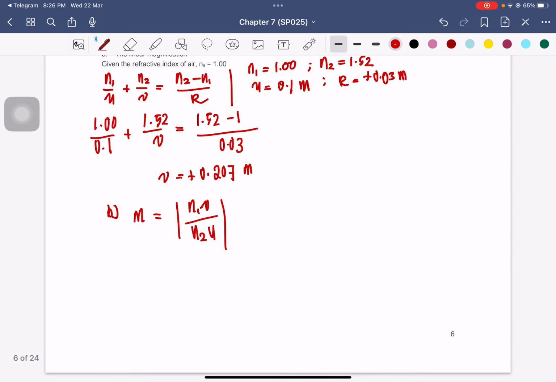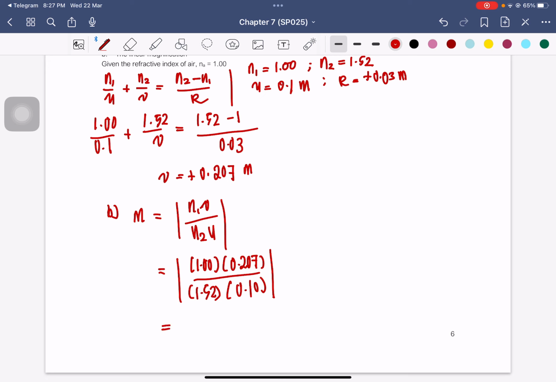Basically dia mesti positif lah. Okay, so this is 1.00, V is 0.207 divided by 1.52 times with u, which is 10 centimeters, 0.1.